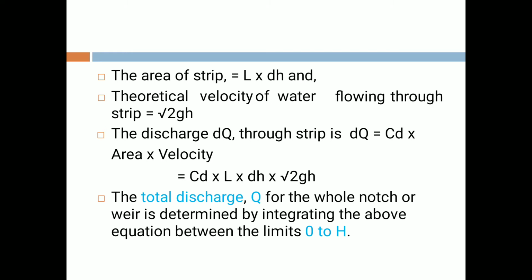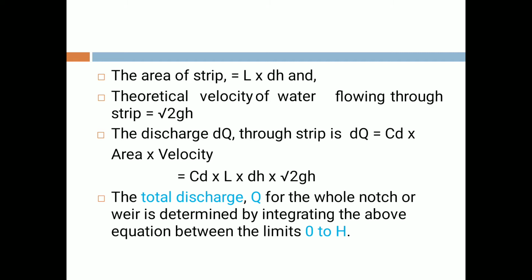So, the discharge dQ through the strip of water is dQ equal to Cd into area of strip into theoretical velocity, where Cd is the coefficient of discharge, multiplied by length into thickness into theoretical velocity, which is given by under root 2gh.